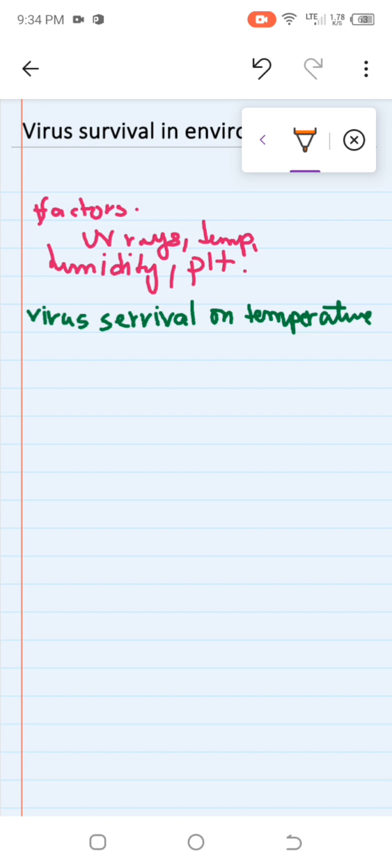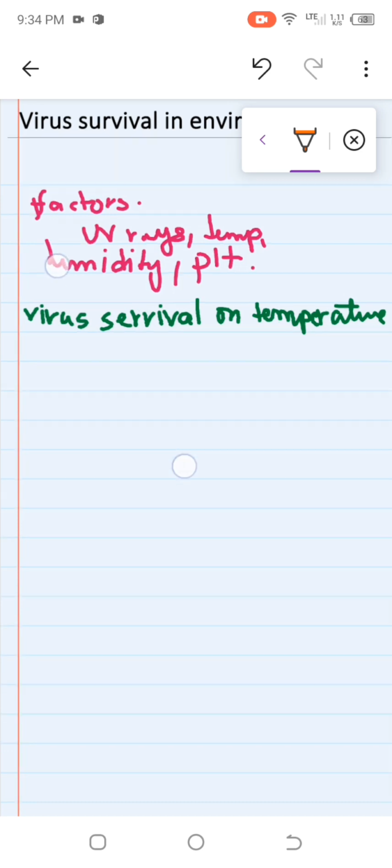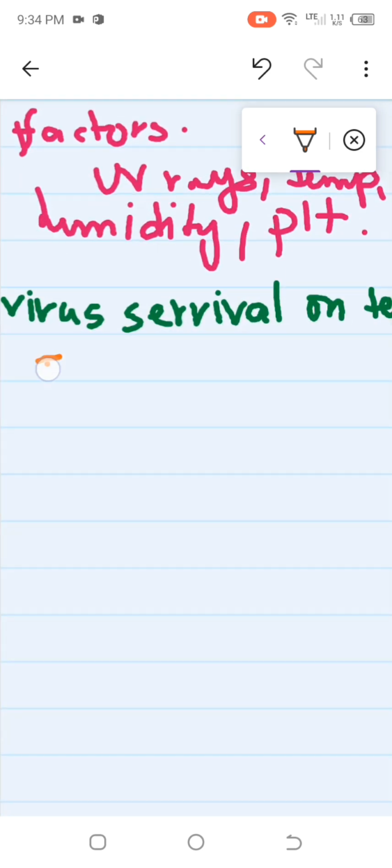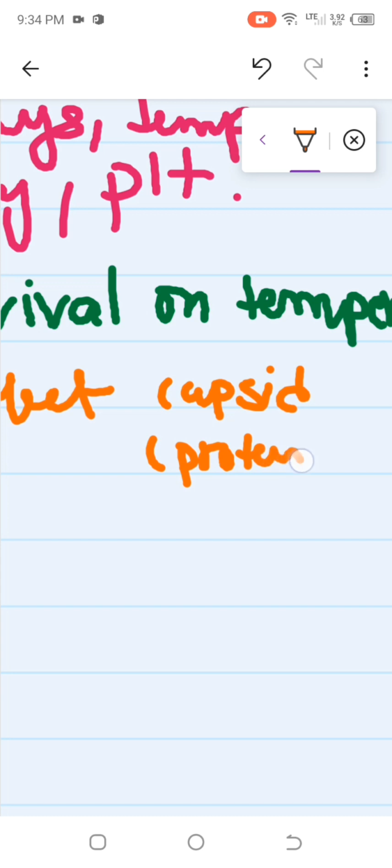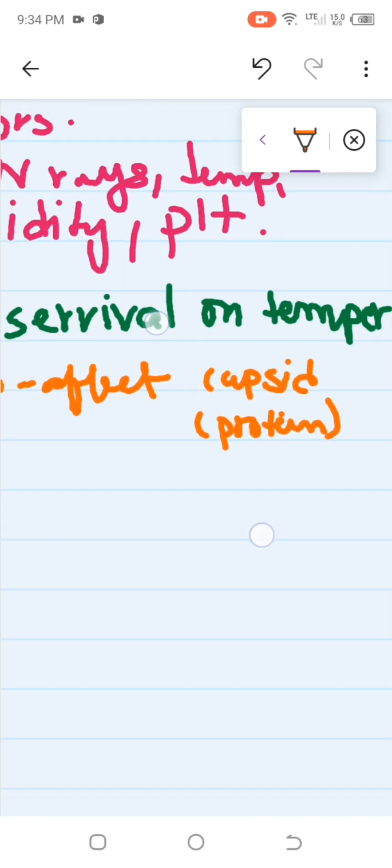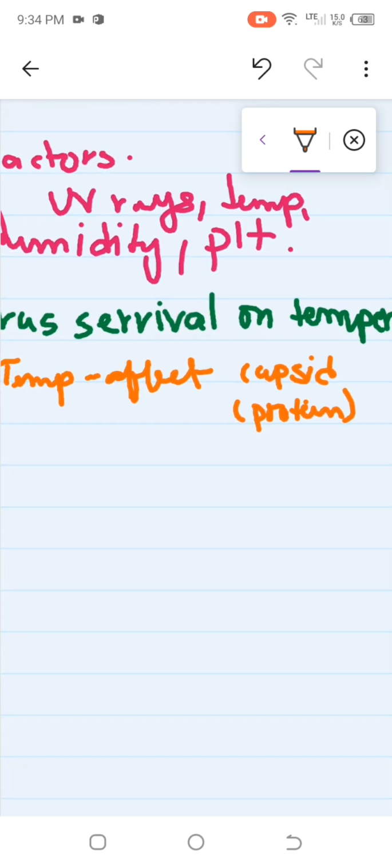The capsid of the virus is made up of what? Protein. So temperature first affects the capsid, and this capsid is made up of protein. Fine. So the temperature first affects the protein and the capsid, and it is denatured.